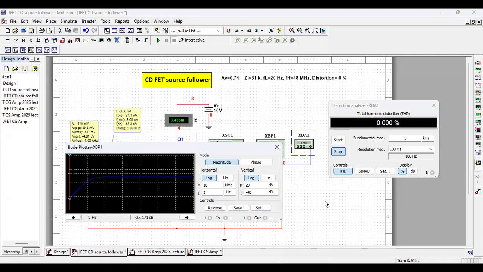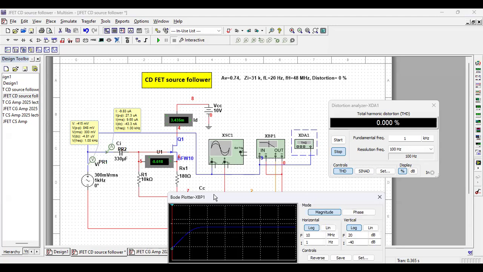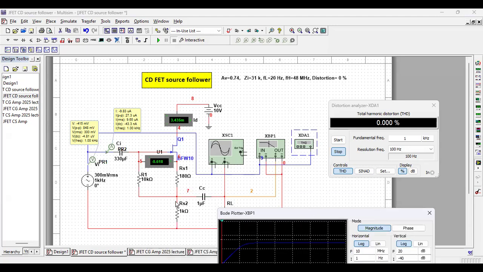Common BJT-based amplifiers have a distortion of 10 to 20%. FET-based amplifiers have a distortion of around 4 to 5%. And the common drain FET amplifier has a distortion of zero, absolutely zero. Because here, the output is just following the input. If the input does not have any distortion, the output will not have any distortion.